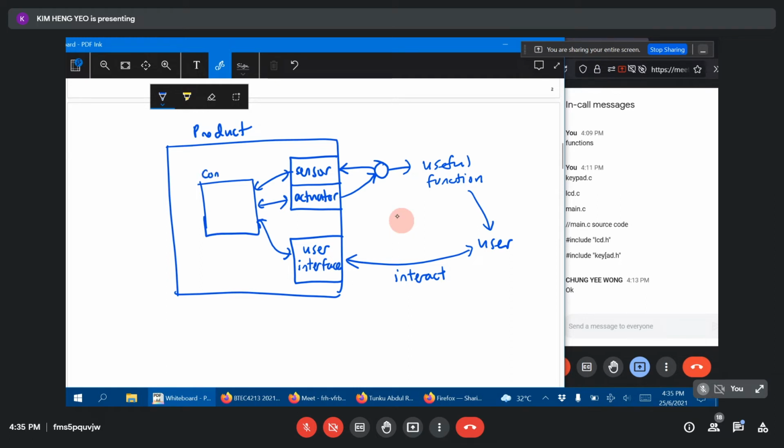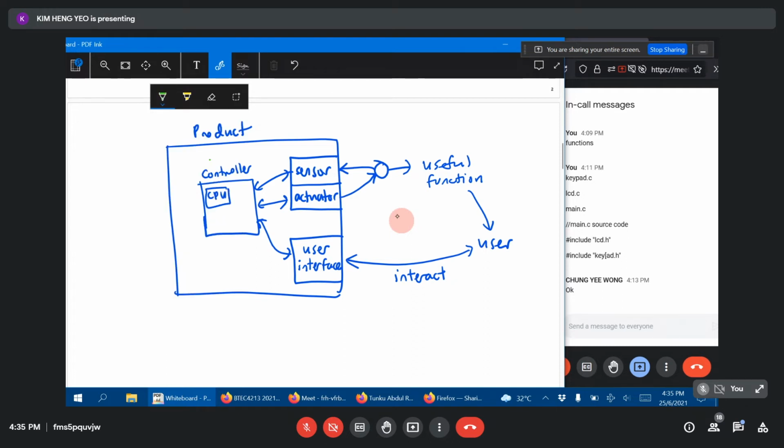So you have a controller here. And this controller has a processor inside. We call this controller a microcontroller. It has a processor inside, this CPU embedded inside.